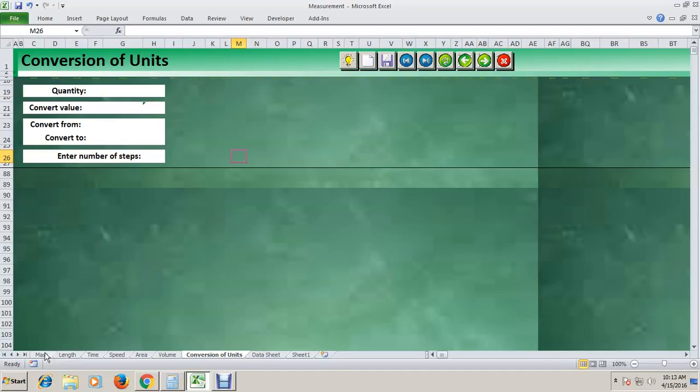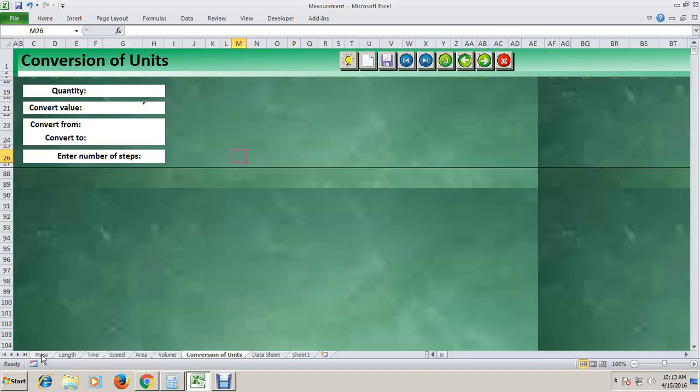Each of the basic quantities and even the derived quantities has this conversion factor that we make use of in order to convert properly one quantity that is expressed in one set of units into a different set of units.